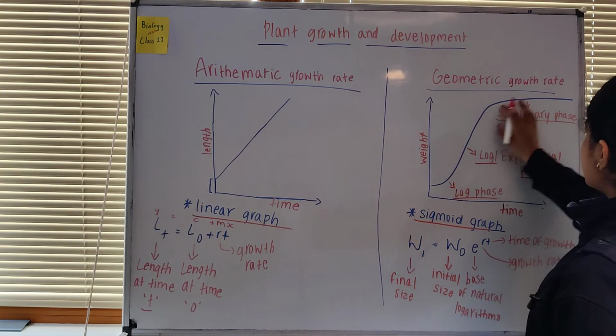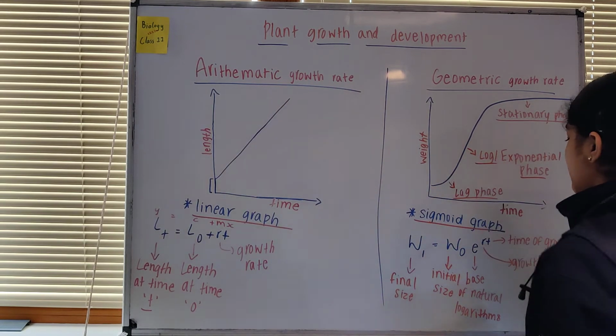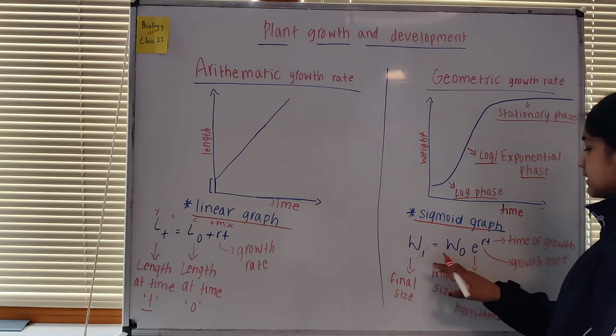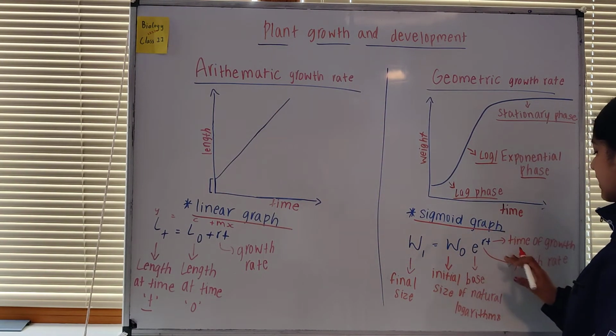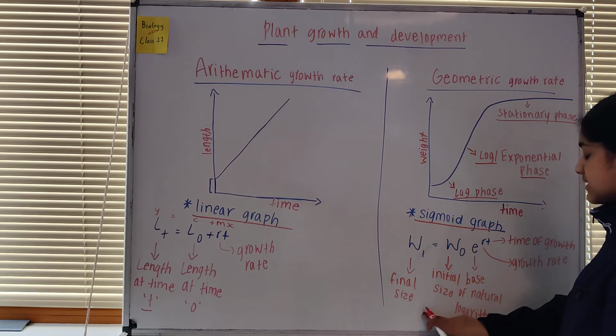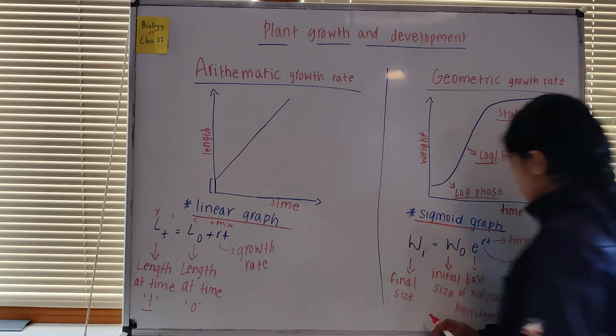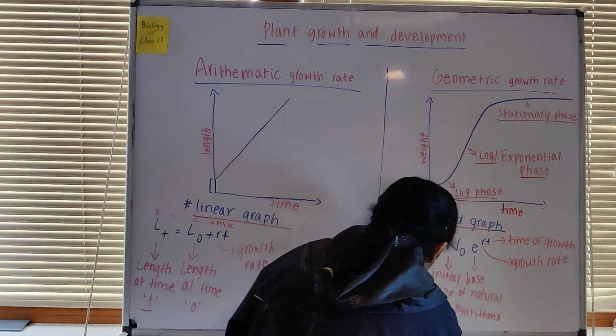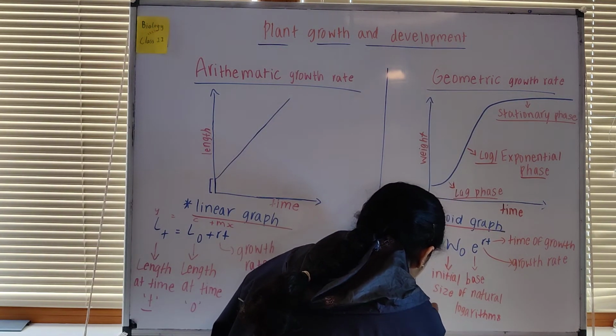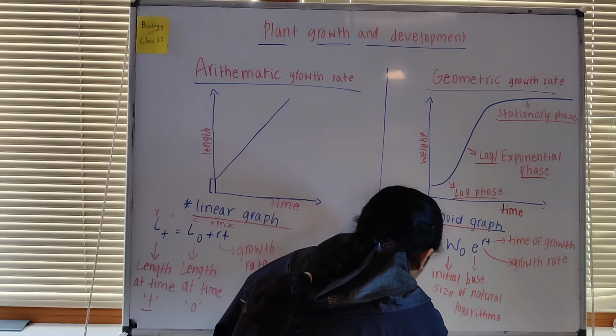Here it's stationary, that means it's still, and the formula is W1 = W0 e^(rt). W1 is final size. Final size means the size at time t. So we can also write it like that: size at time t.